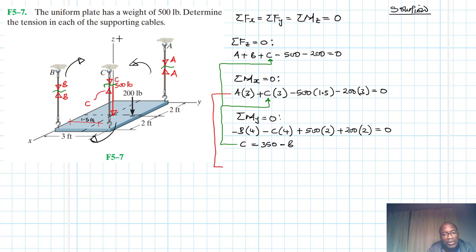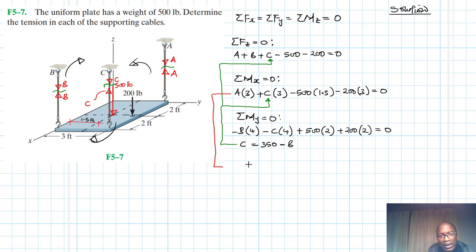So this one is going to give us, once we replace, 350 by 3 minus 500 by 1.5 minus 200 by 3.